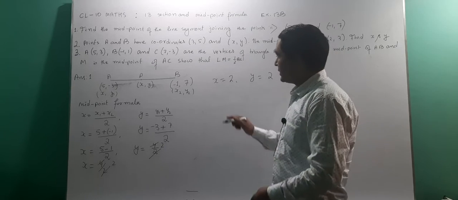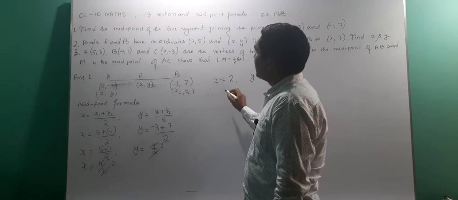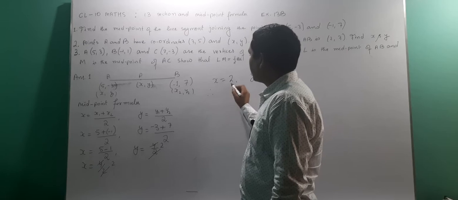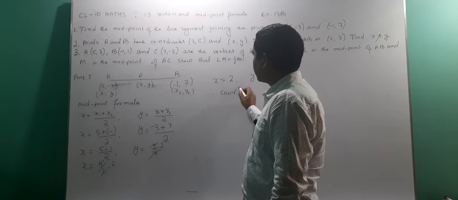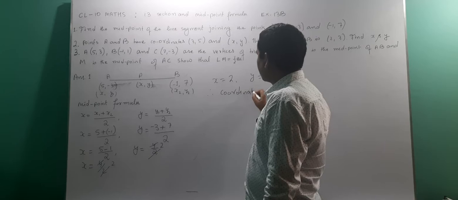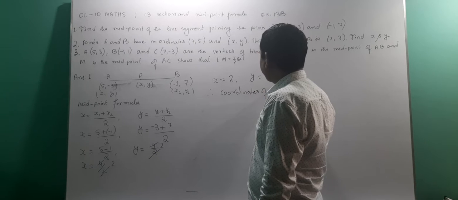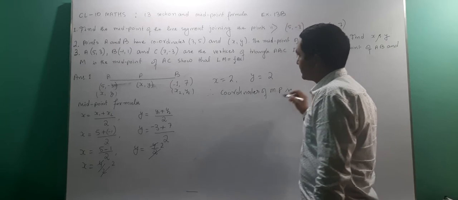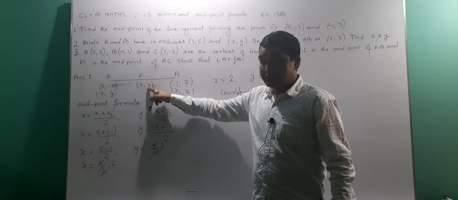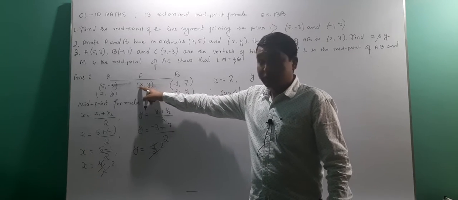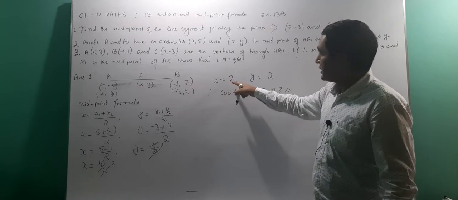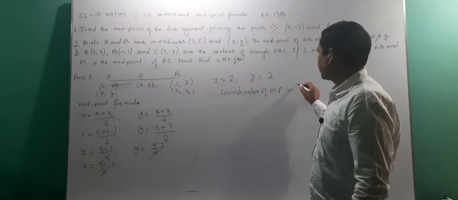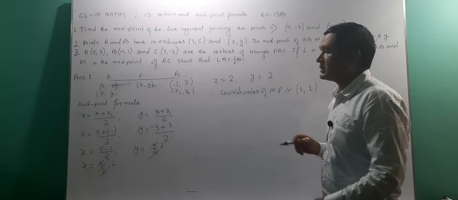Therefore, the coordinates of the midpoint are (x, y), that means (2, 2). This is a very easy one.